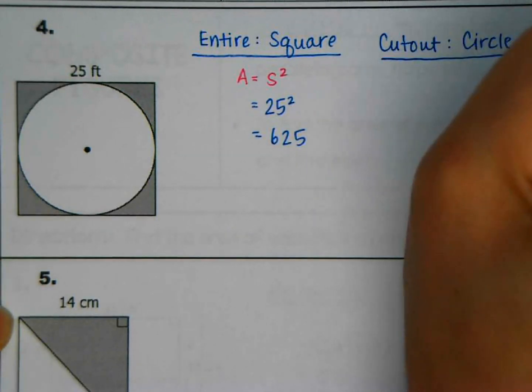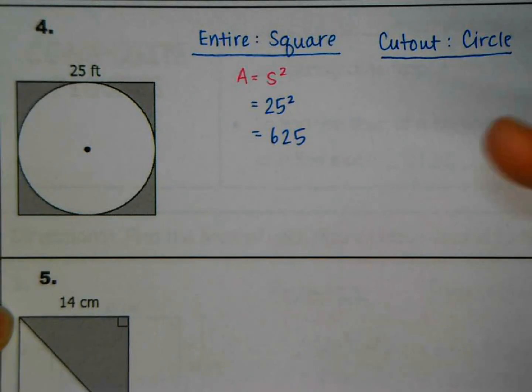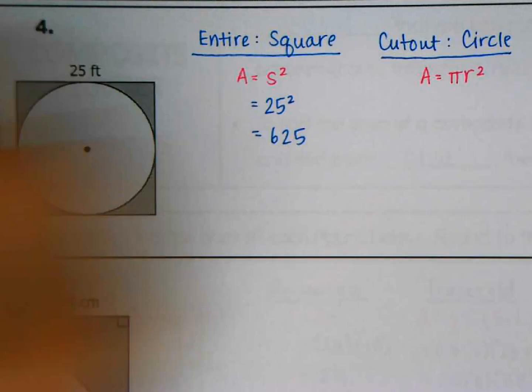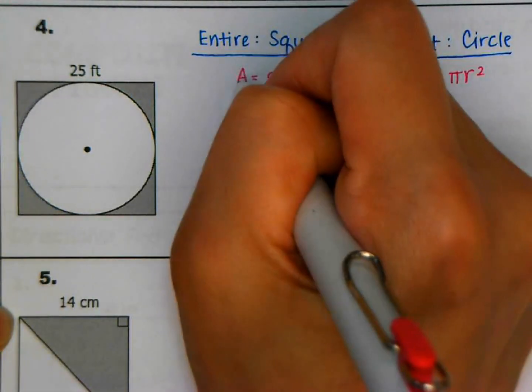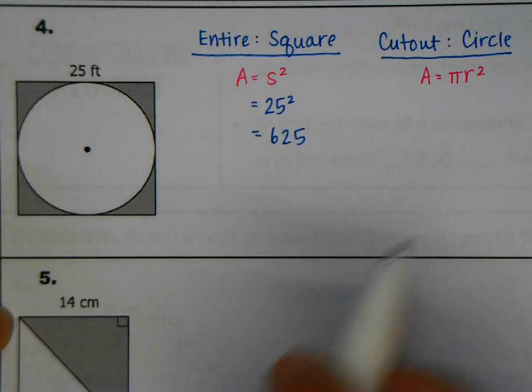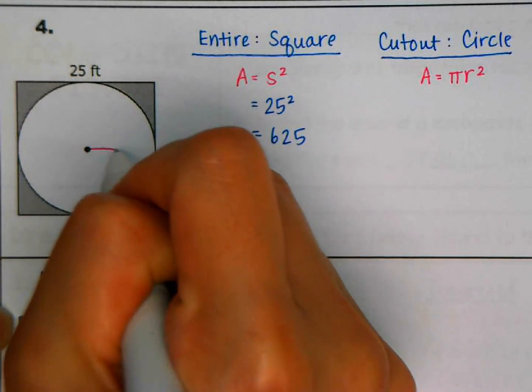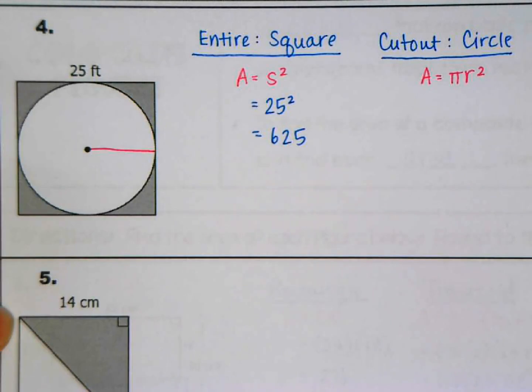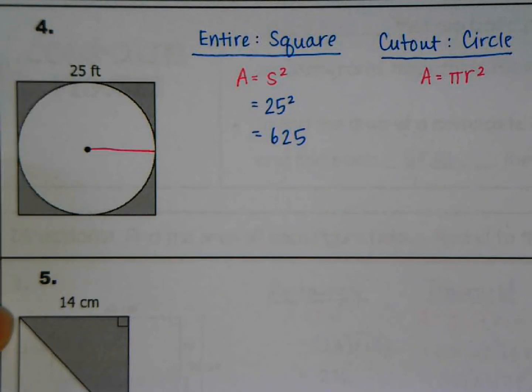The area of a circle is pi r squared. So formulas don't change. It's just what we do at the very end. It's different from page 1. We need the radius. That's going to be half of 25. Do you guys know off the top of your head what's half of 25? 12.5. Good job.